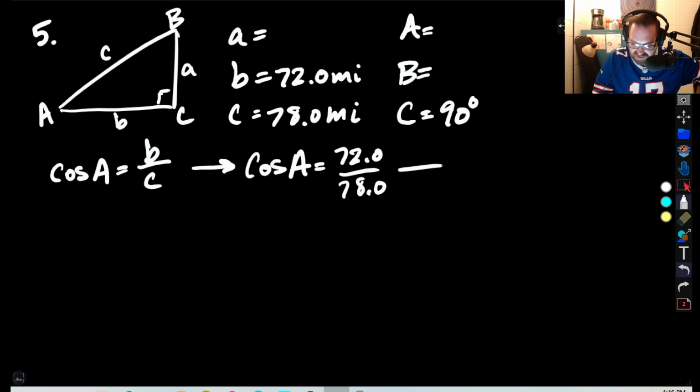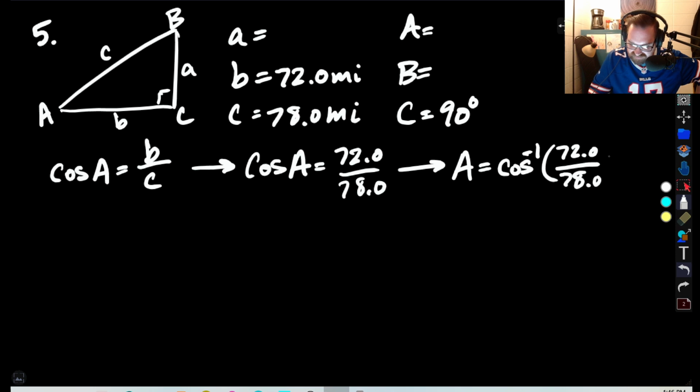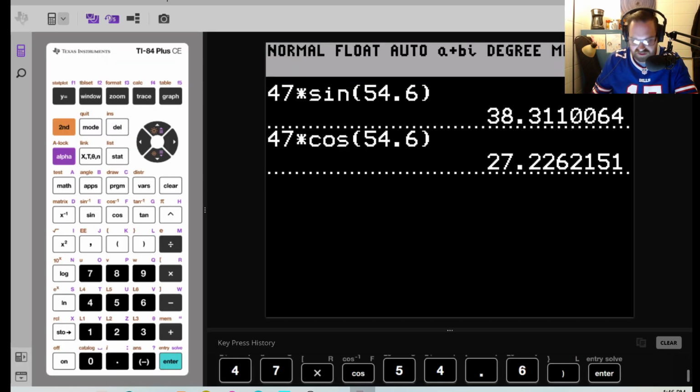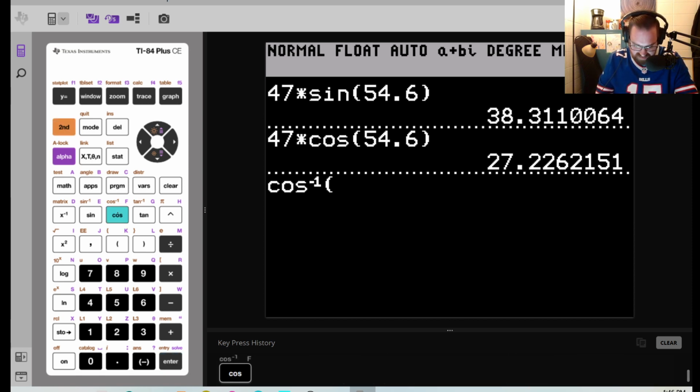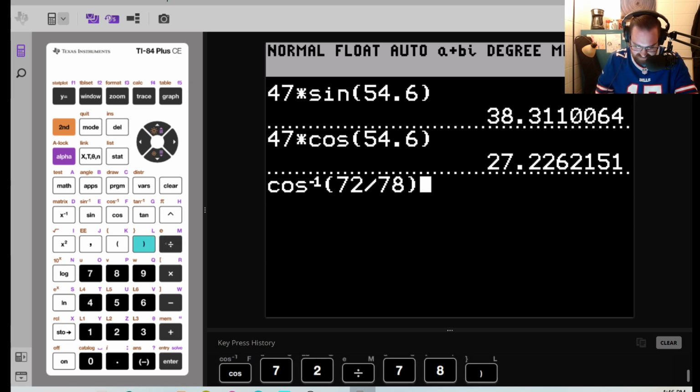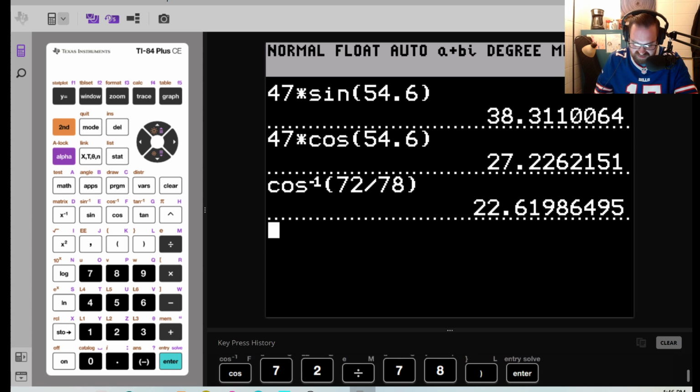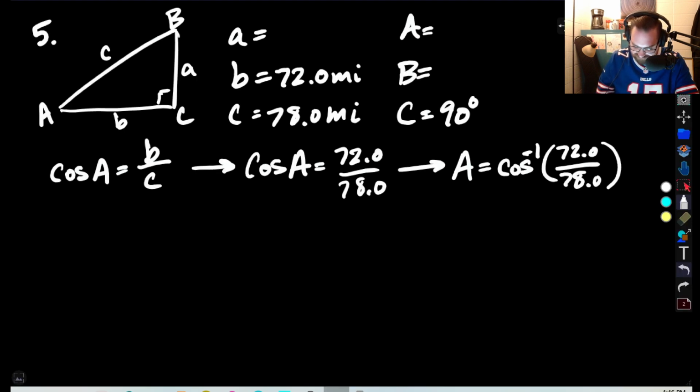Or, if you remember, we talked about this, my A value is going to equal the inverse cosine of 72.0 over 78. So this will give me the proper value. Let's punch this in. The inverse cosine of 72 over 78 is going to give me 22.6, and that's my angle measure for A.